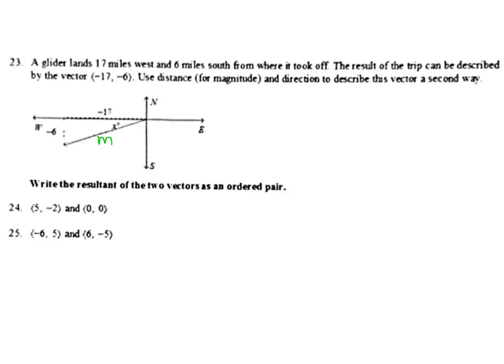Now m I can find pretty easily by using the Pythagorean Theorem. So remember, your side lengths are always positive. Even though they've given you this is -17, that's because they went left, but the actual length of it is 17. Same with this 6. So I'm going to take 17 squared plus 6 squared, and I know that that's going to have to equal my magnitude squared. I need to put 17 squared into my calculator. That gives me 289.